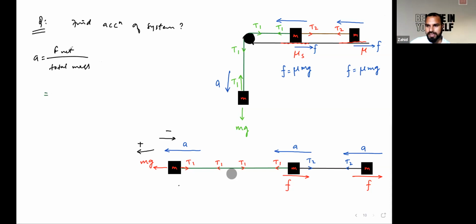F net is the net force acting on this particular system: along the left hand side, that is mg. Along the right hand side, T1. Again left hand side, T1. T1 and T1. Next is T2 and friction force.